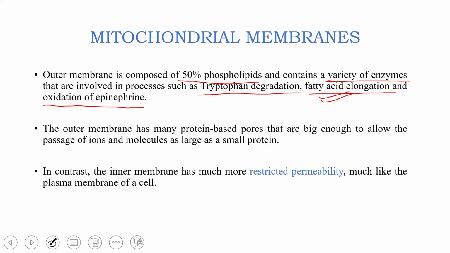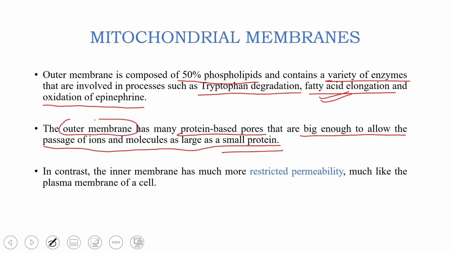Now, the outer membrane also has protein-based pores that are big enough to allow the passage of ions and molecules as large as small proteins. So, how do small proteins enter inside the mitochondria? They translocate through the outer membrane of mitochondria through these broad, big protein-based pores.